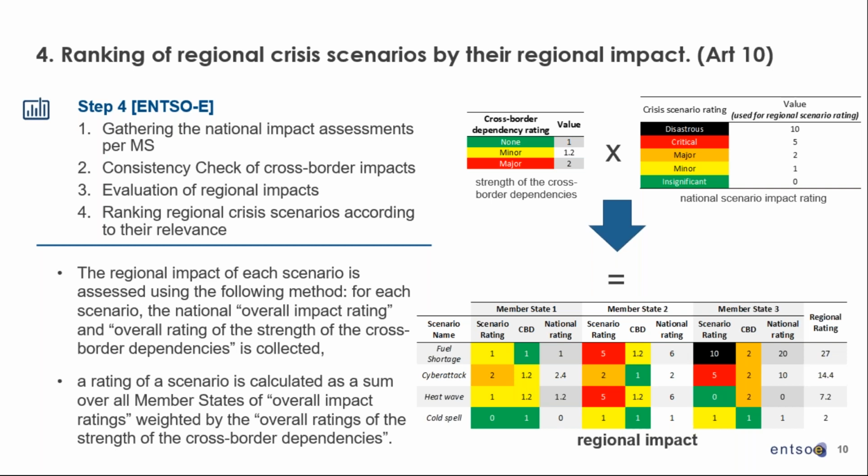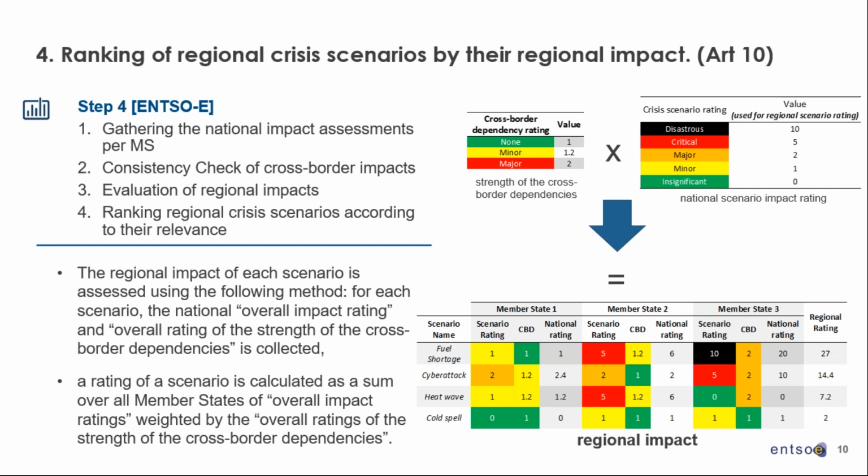So we multiply the cross-border dependency rating by the crisis scenario rating previously described, and you come up with a national rating. And the regional rating will be a summation of all those member state scores for that crisis. So the regional rating in the right-hand column of the bottom table will give an overall regional rating for that crisis.